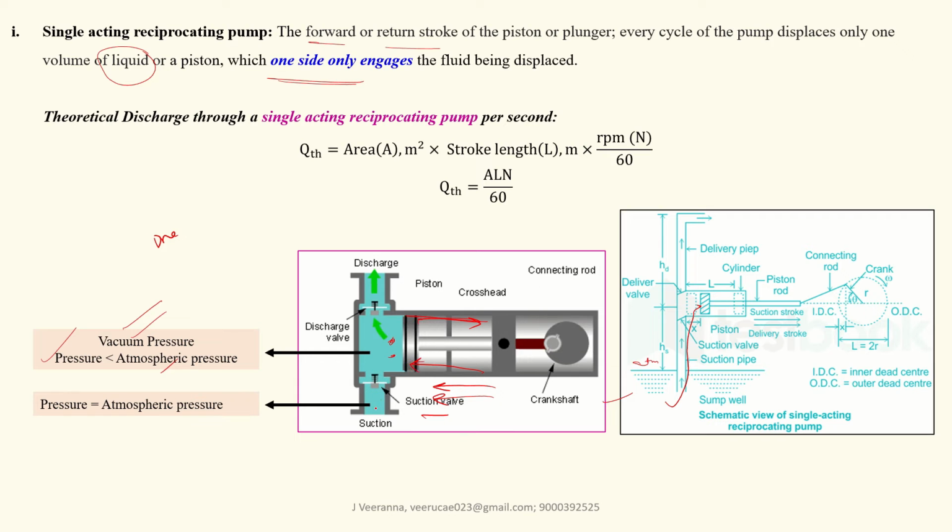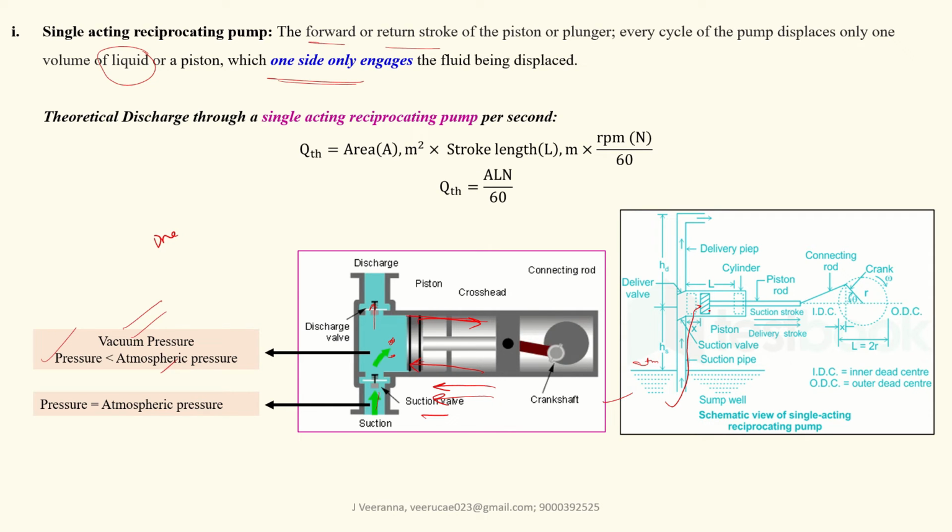When the water pushes from the bottom, the valve will open, but when the water pushes from the top, the valve will close. So there is no chance for the water to come down, and the only way is for the water to move upward, because water density is constant and we can't compress it.